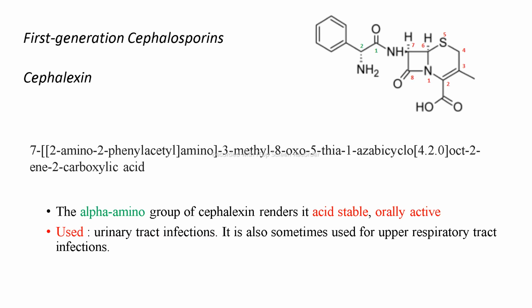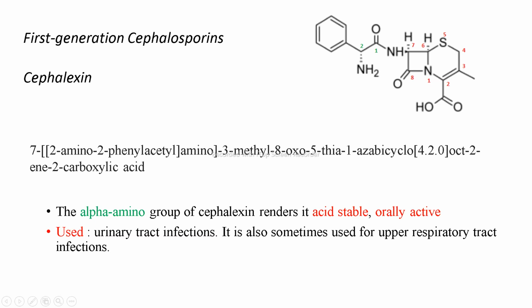Now this cephalexin is used in urinary tract infection. It is also sometimes used for upper respiratory tract infection. Now it contains the alpha amino group, right? So over here, this is the alpha amino group. This alpha amino group of the cephalexin renders its acid stability, and because of it, it is orally active, right?